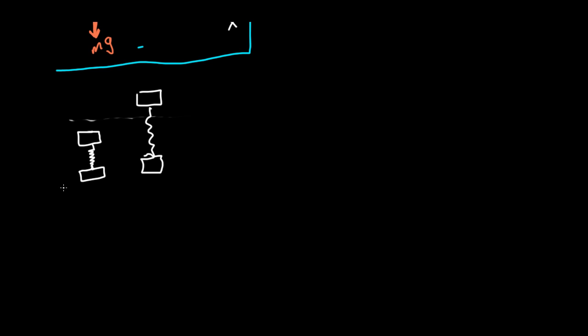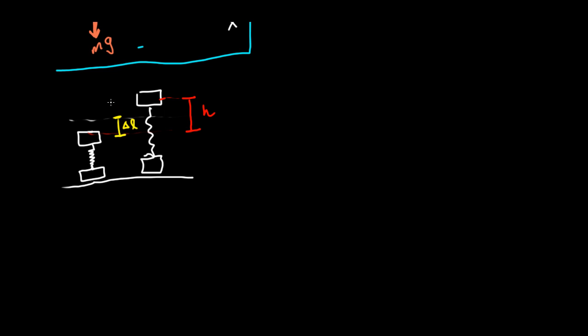So I've just drawn the initial and final position of both of these blocks. So this is h, right? Let's see if I can draw some lines. Okay, so this distance here totally is h, and this distance is delta L, right?